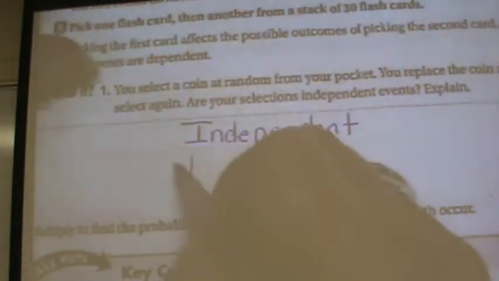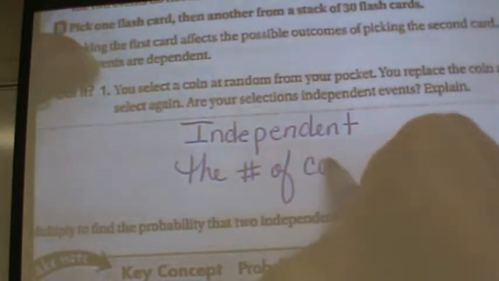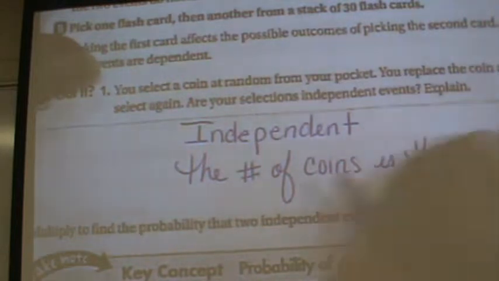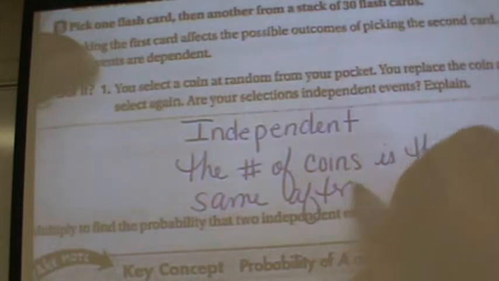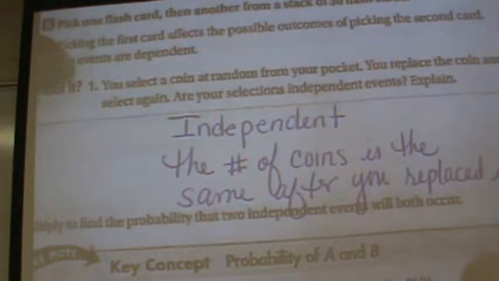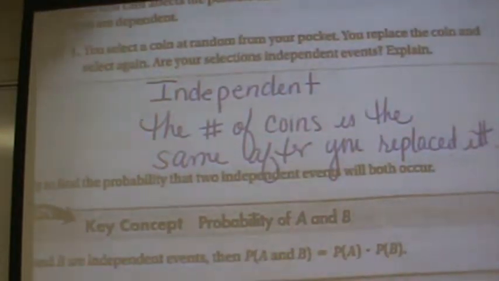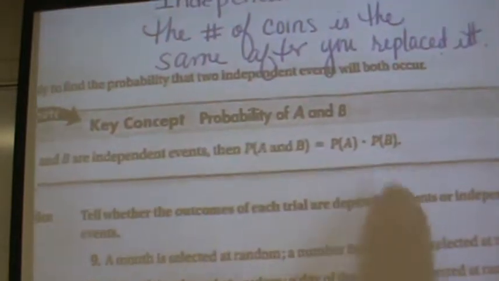You might want to write that the number of coins is the same after you replaced it. If the two events are independent of each other, what you're going to do is multiply.